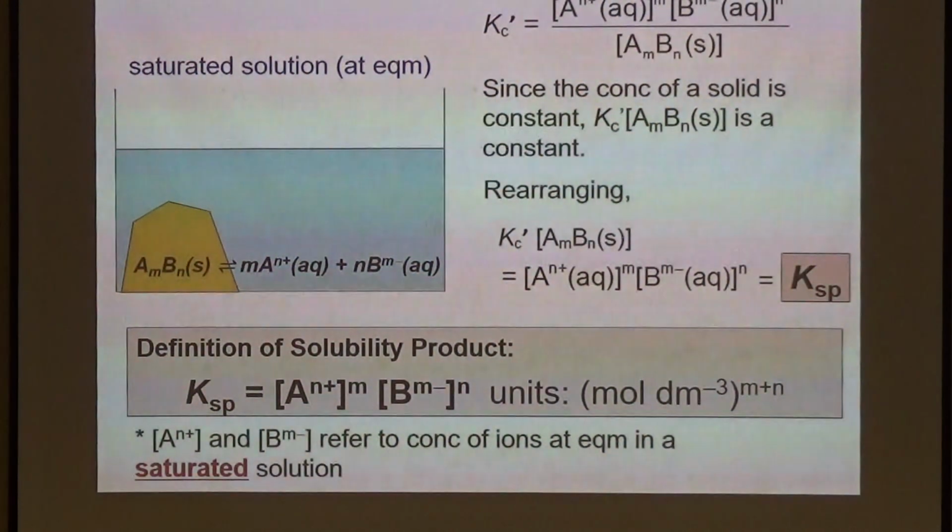I want you to bear this in mind, because later on we'll be talking about something called the ionic product, and it will look very similar to this. However, for that case, it is not in equilibrium, and it is not in a saturated solution. So this thing about Ksp is important. It must be in equilibrium, and it is for a saturated solution.